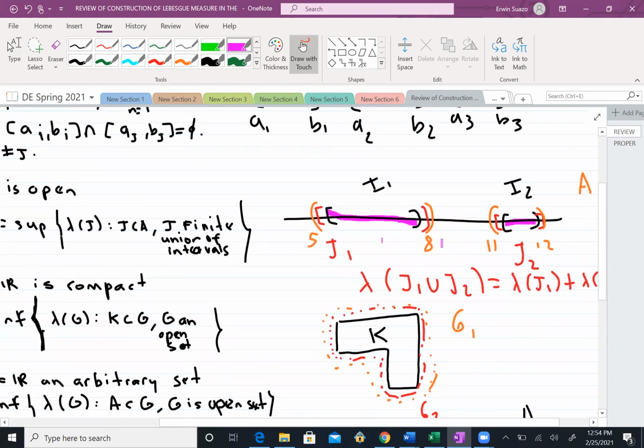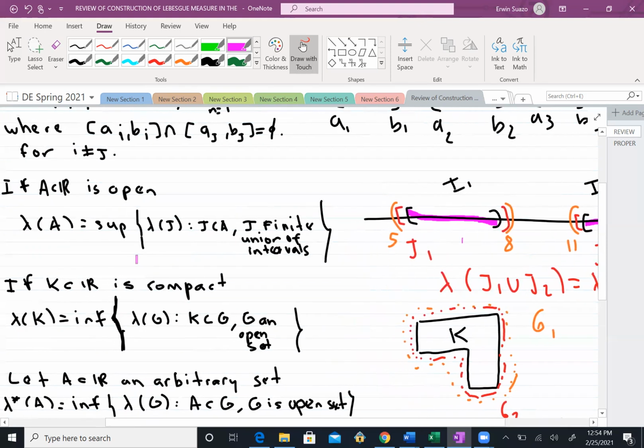And then you see you can do better, right? So basically you have to find the sup. I mean, it's wrong to think about it this way, but it's like the maximum. You can think like the maximum length of the closed intervals that you can put inside these guys. Okay. But here we're gonna see that it's basically 8 minus 5, 3, and 12 minus 11, 1. So there'll be 4.